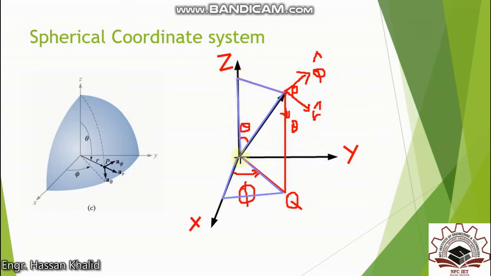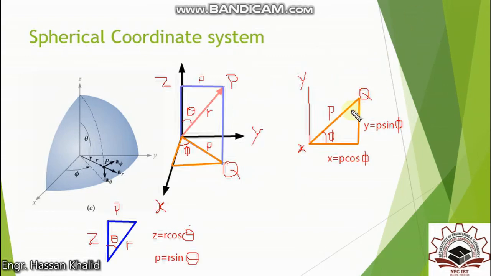With the help of these two right triangles, we can easily find the relationship between the rectangular components and the spherical components. I have simplified the whole diagram once again, and there are two triangles: one is X, Q and O, and the other one is O, Z and P.